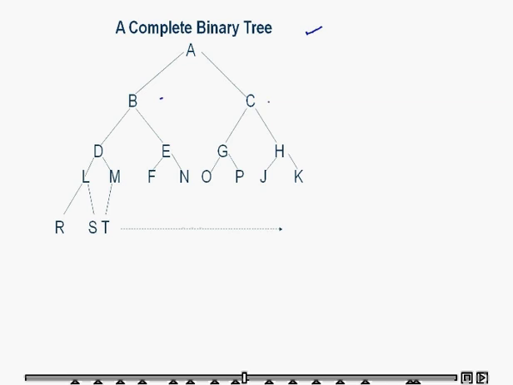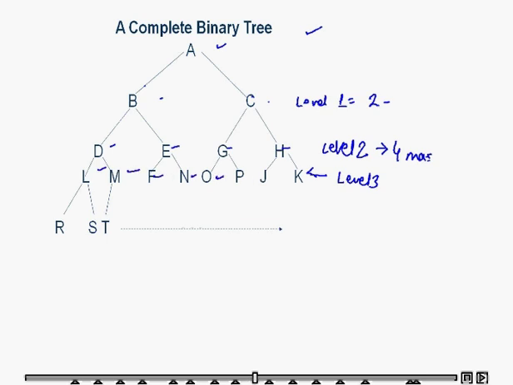So level 1 can have a maximum of 2 child nodes for A. So B and C are filled. Now level 2 can have a maximum of 4. So D, E, G and H are filled. Similarly at level 3, L, M, F, N, O, P, J, K are filled.